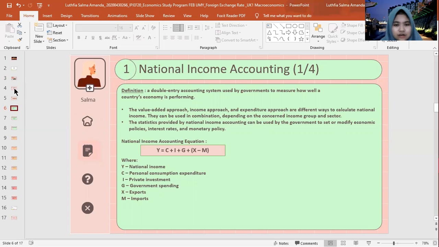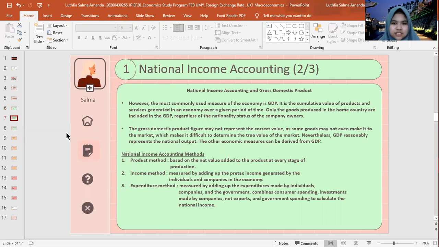And the accounting equation represents the relationship between the national income and the economic expense, along with other attributes, as shown in the following equation: Y for national income equals consumption plus investment plus government spending plus open bracket export minus import close bracket.